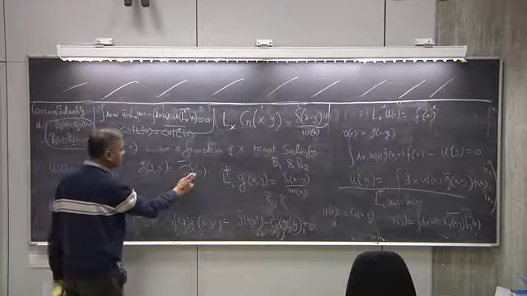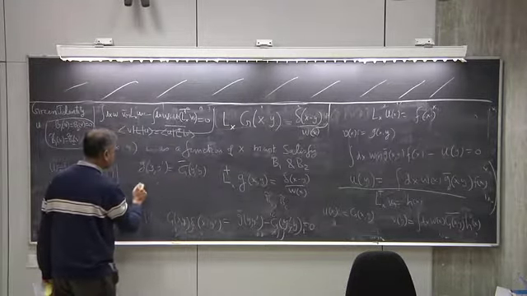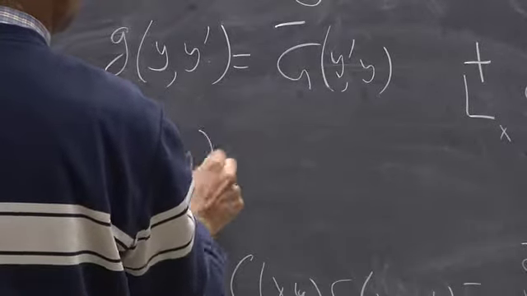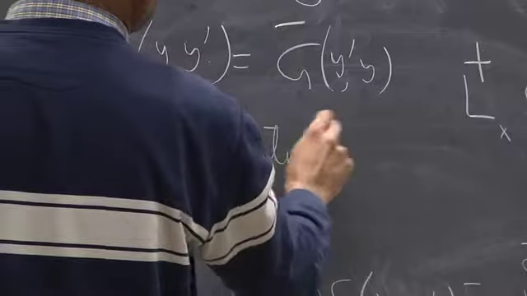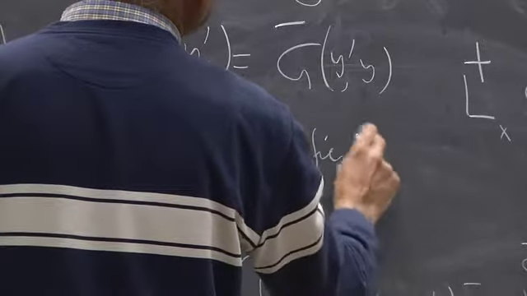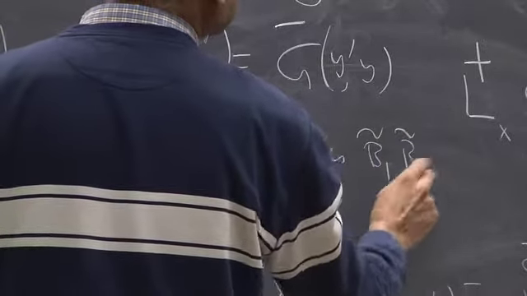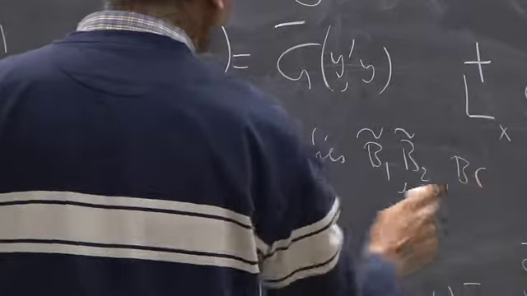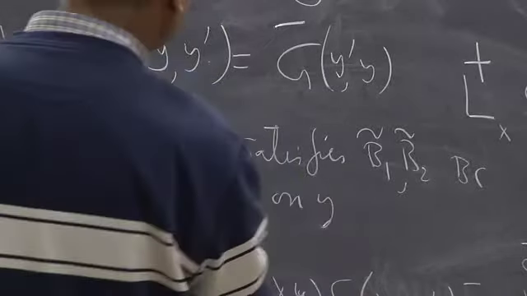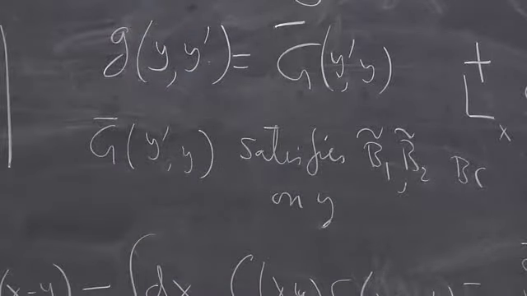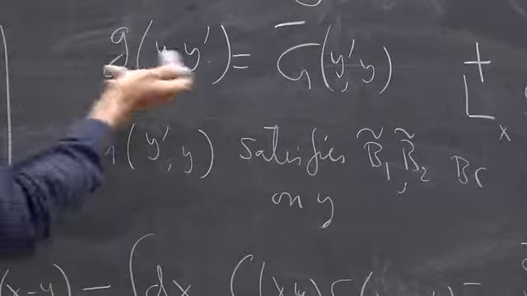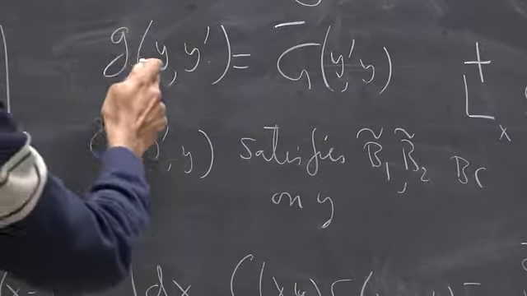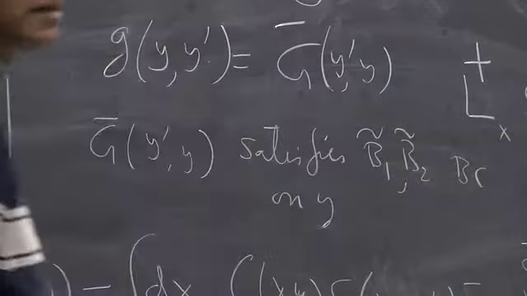So what this equation tells you is that g bar y prime y satisfies b1 tilde and b2 tilde boundary conditions on y, the second argument, because this y is the same as the first argument of small g, which satisfies b1 tilde, b2 tilde conditions.